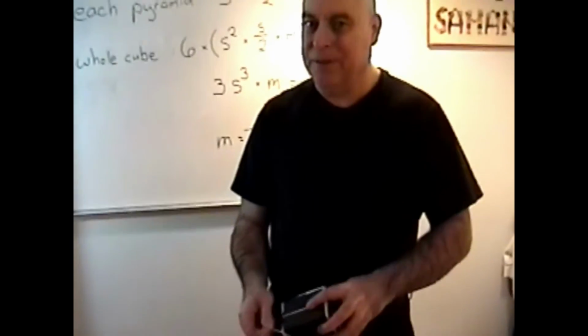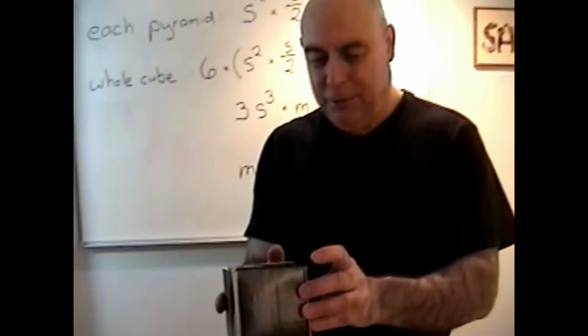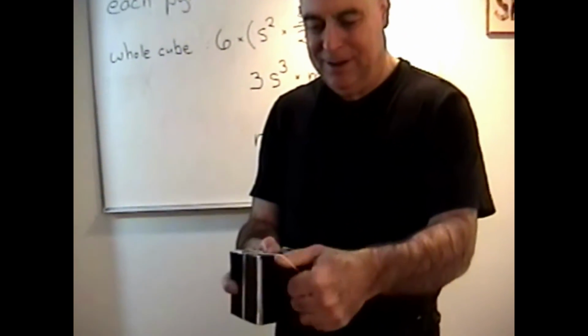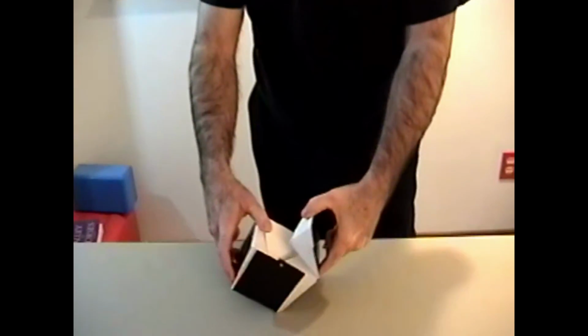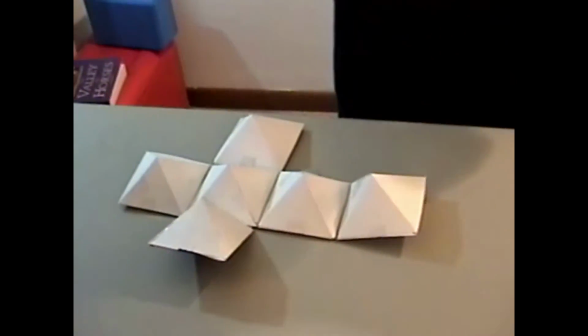Okay, we have one more argument that it's plausible that the formula for the volume of a pyramid is 1/3 times the base times the height. What we have here looks like a regular cube, but within the cube there lie 6 pyramids.